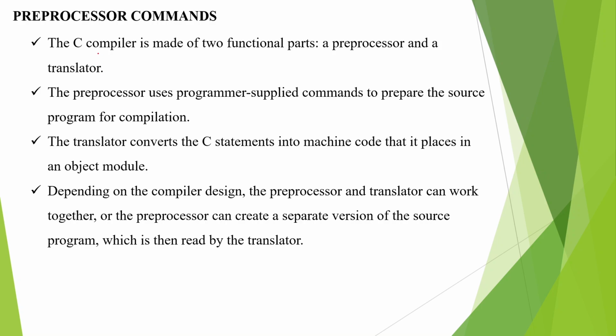We said that the C compiler is made up of two things: one is the preprocessor and the other one is the translator. So the preprocessor, what it will do: anything predefined that you have in your program will be added to your program by using these preprocessors. Or we can say the preprocessors are smart editors.